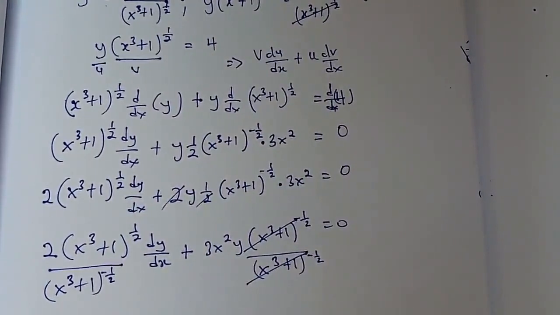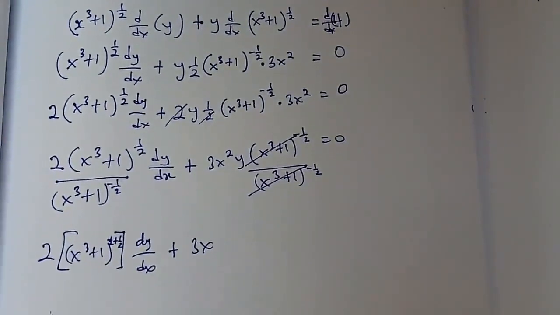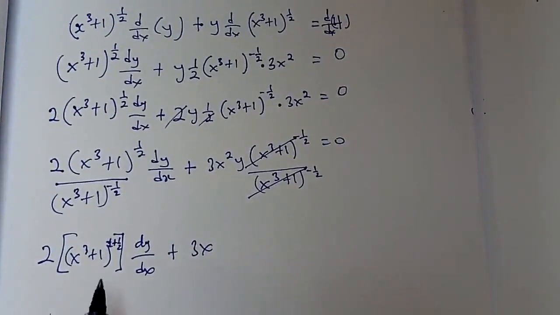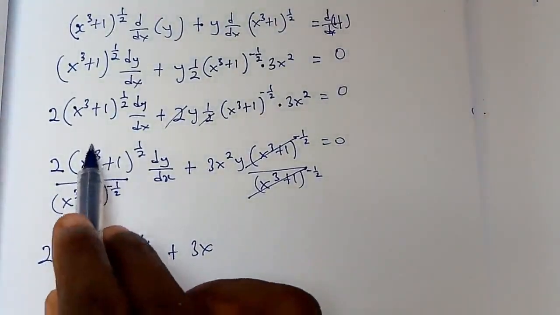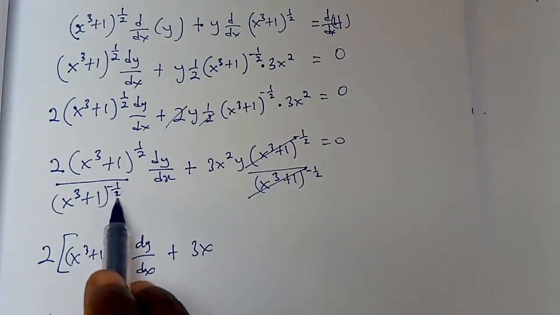So you now have something like this: dy dx here, now plus 3x squared y. Because this one is dividing this one and the base is the same, just subtract the exponent.